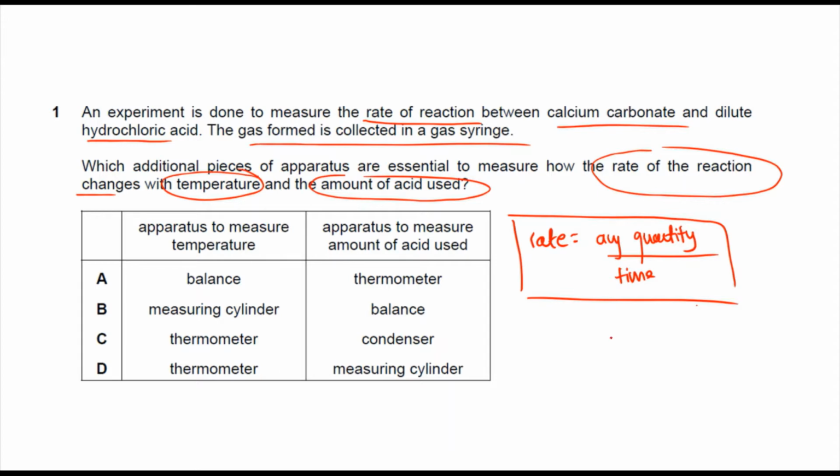Even if you put a constant up there, 1, and you put the time down there, then the rate can even be defined as 1 over T, T being the time. So rate of reaction is in fact any quantity divided by time, and that quantity is a physical quantity, because when we talk about rate of reaction, we are measuring the change in a certain quantity with respect to time.